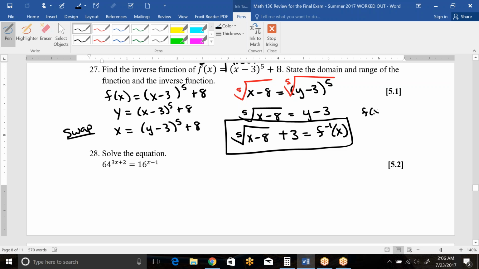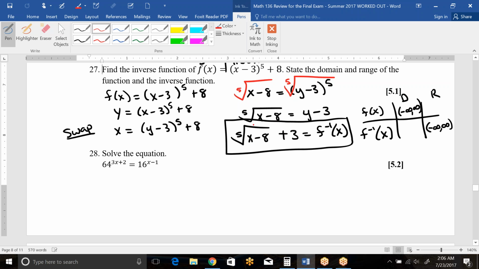And then we want to talk about the domain and range of both the original and the inverse function. The original was a polynomial just in a transformative format, so that means that the domain is just negative infinity to infinity. That means that the range of the inverse is also negative infinity to infinity.